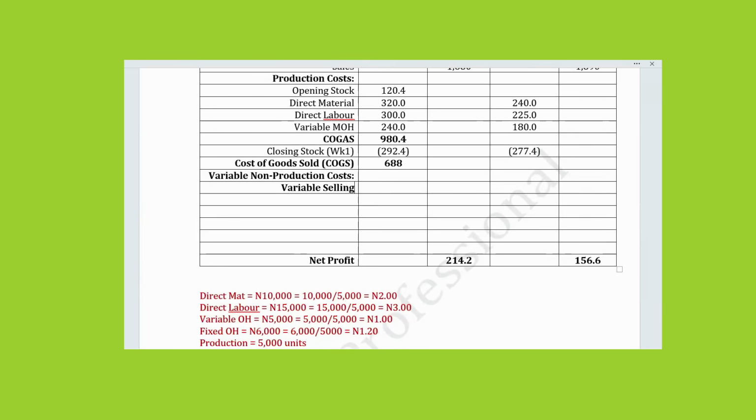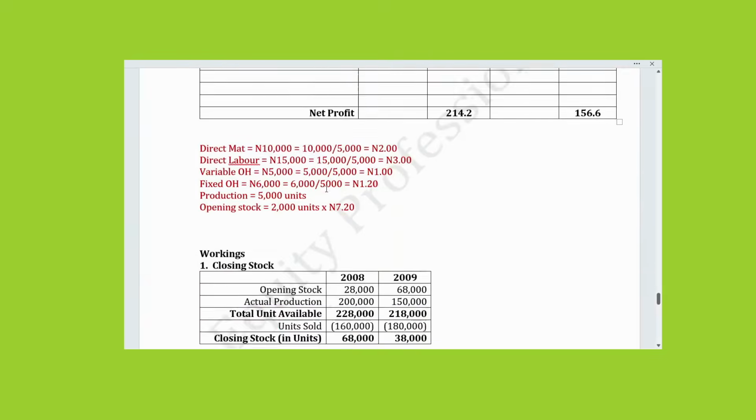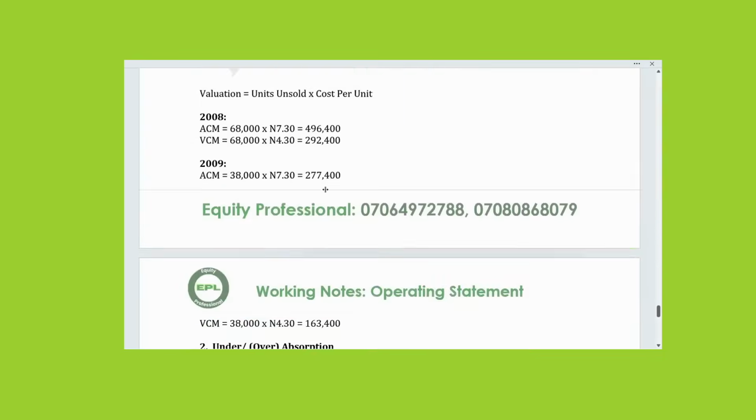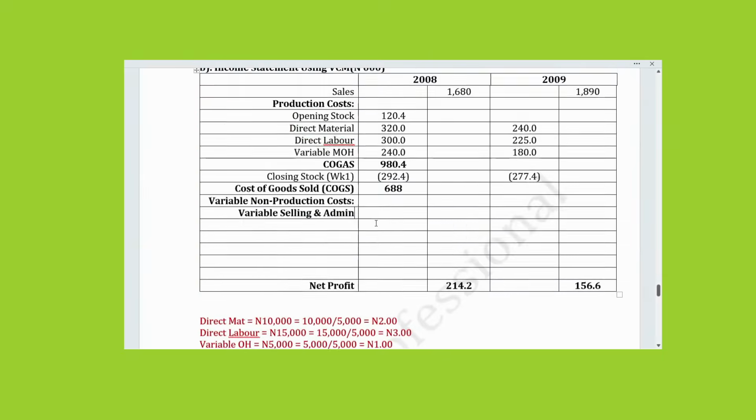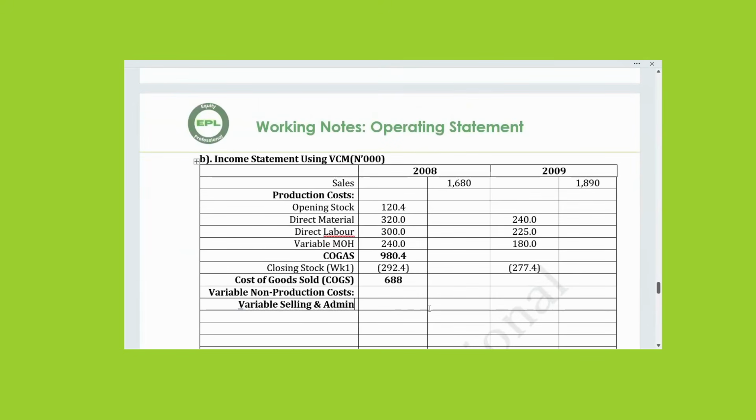I think that's working number 3 we did before. Yeah, working number 3, 80,000 in 2008. Here is 80,000. This one will be 90,000.